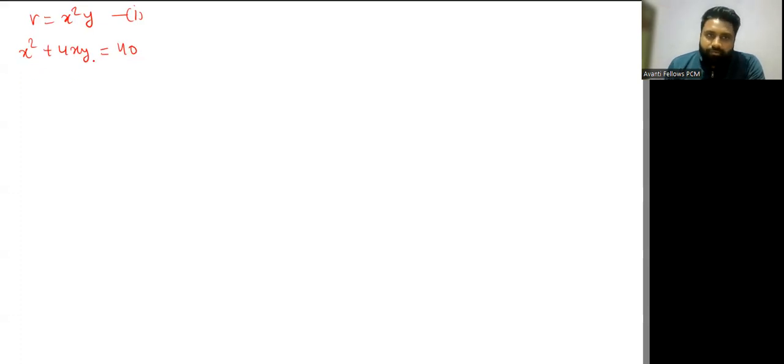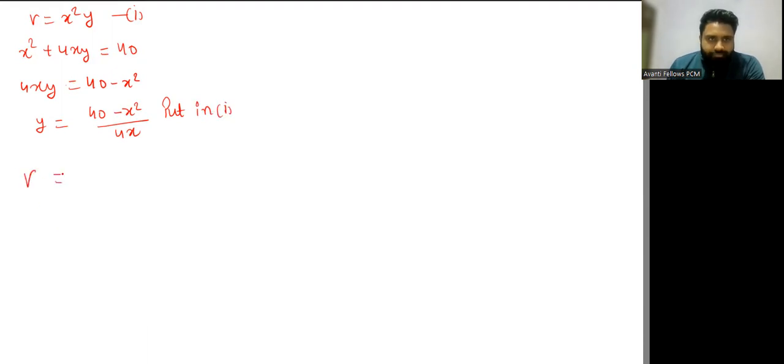So put the value of y in terms of x in equation number 1. So y here: 4xy equals 40 minus x square, so y is 40 minus x square divided by 4x. Put this value in equation 1.